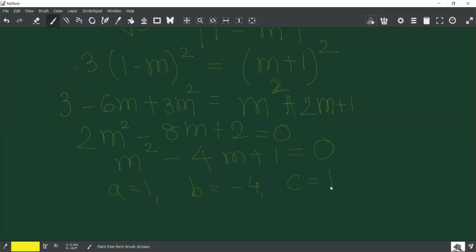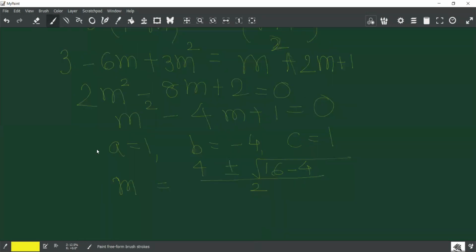You know, minus B plus or minus square root of B square minus 4AC upon 2A. So m is minus B. So minus of minus 4 plus or minus square root of iska square minus 4 into A into C, that is 4 upon 2A.